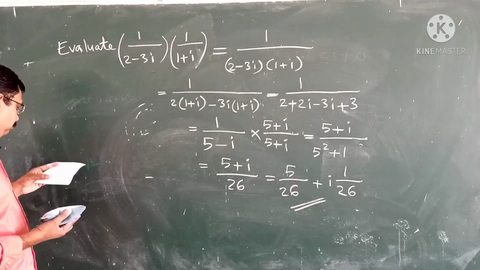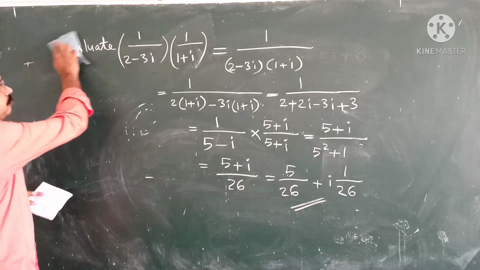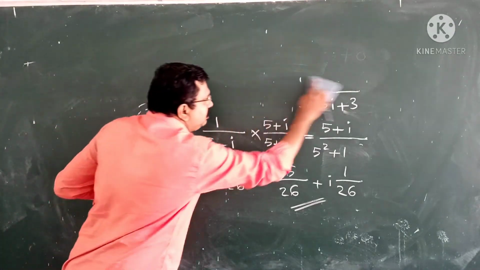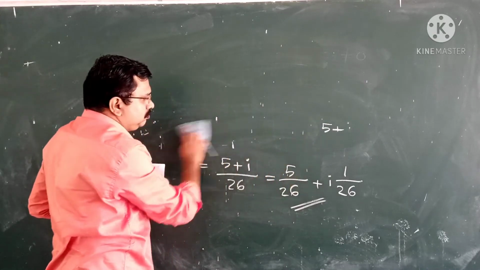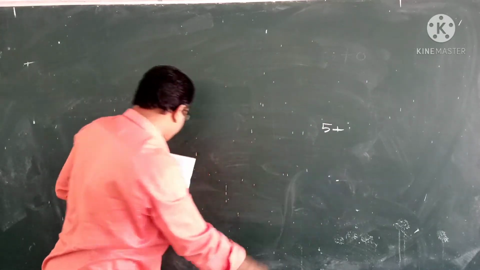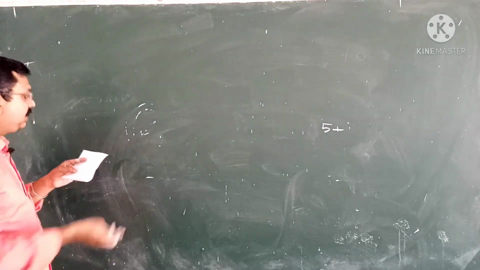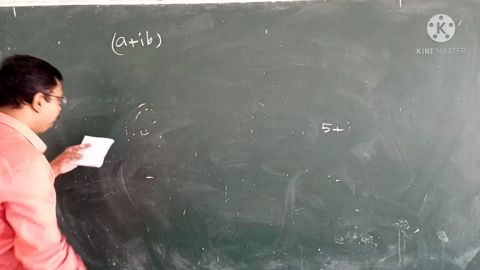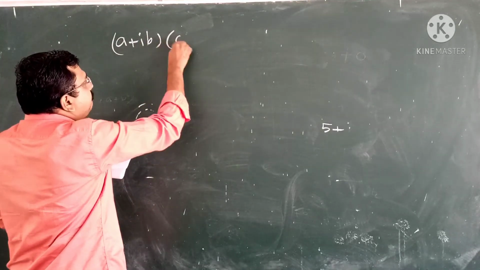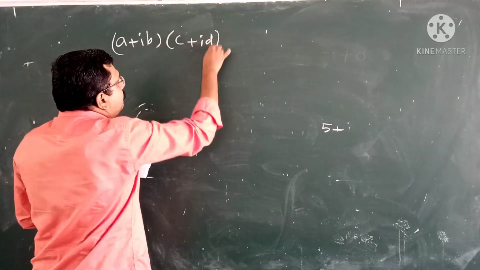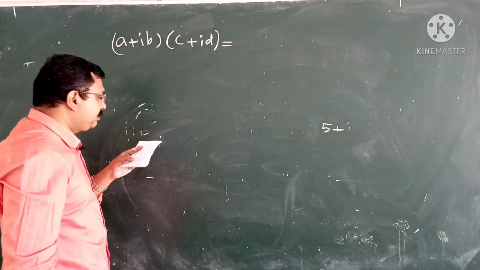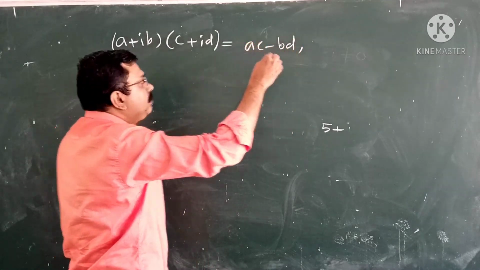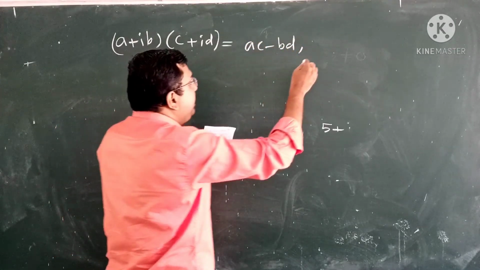Okay, now we can move to our next question. Before that, we want to write some equations. We know that (a plus ib) into (c plus id) is equal to (ac minus bd), comma, (ad plus bc).